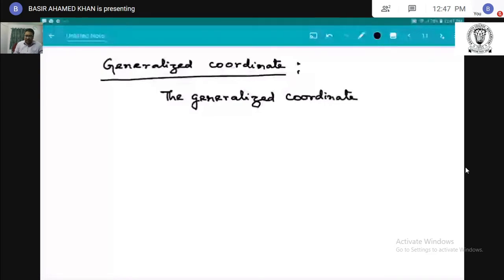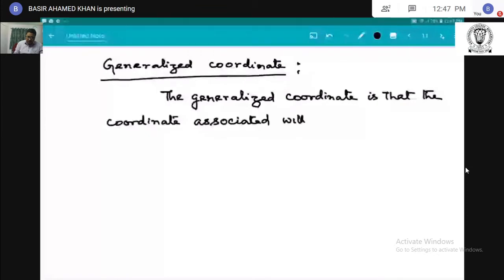That means the coordinate associated with each degrees of freedom is called generalized coordinate.